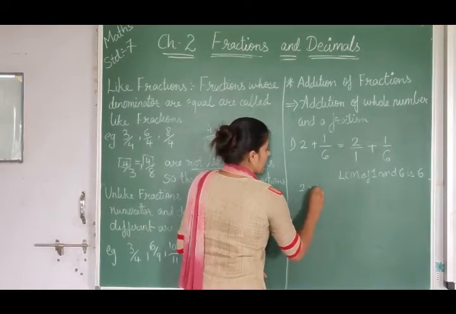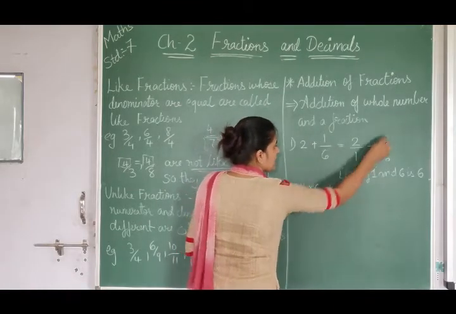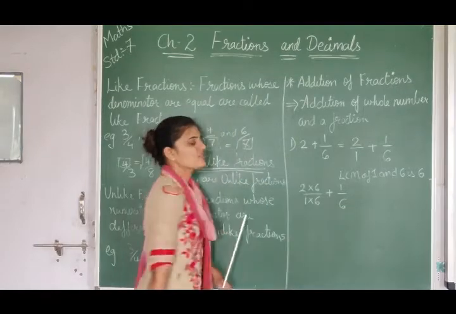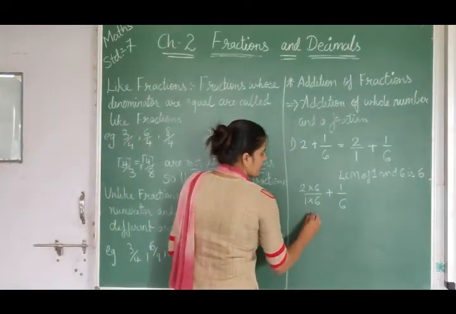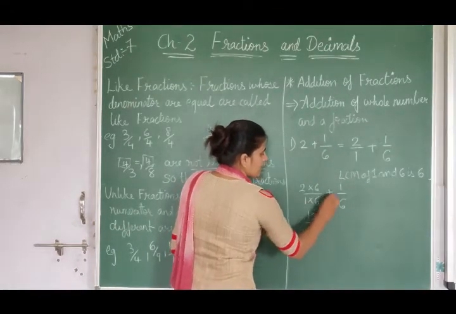So 2 multiplied by 6, 1 multiplied by 6, plus 1 by 6 as it is, because the denominator is already 6, so no need to multiply with anything. So 2 times 6 is 12, 1 multiplied by 6 is 6, plus 1 by 6 as it is.